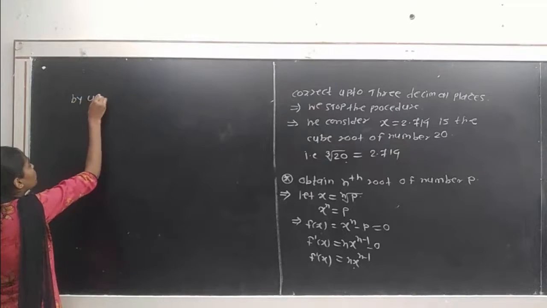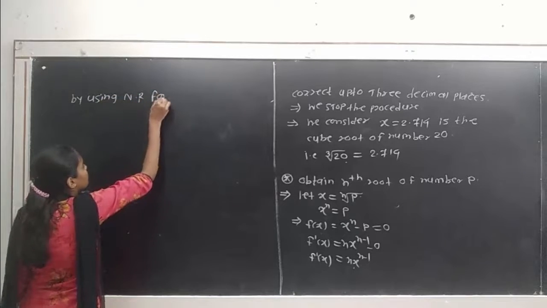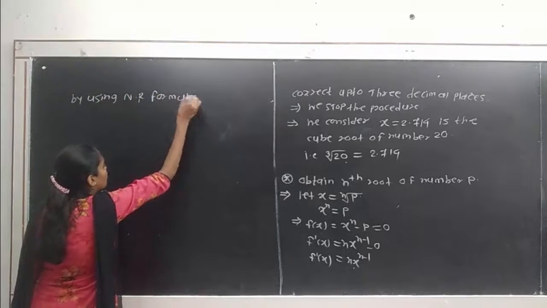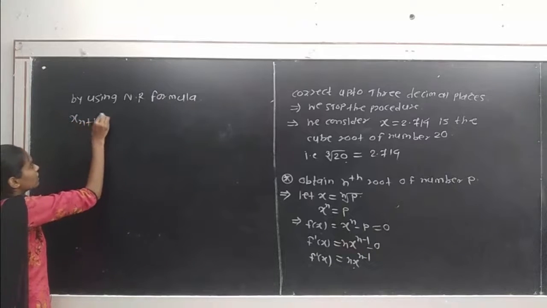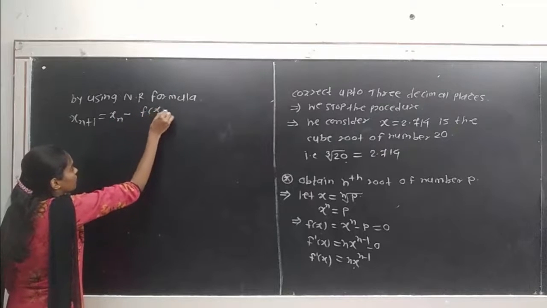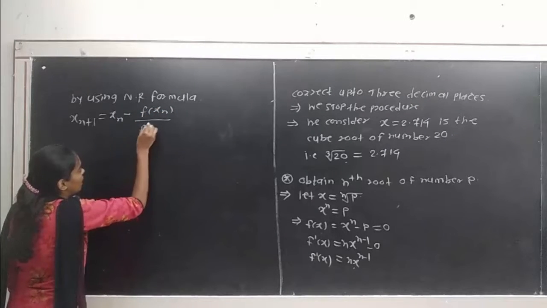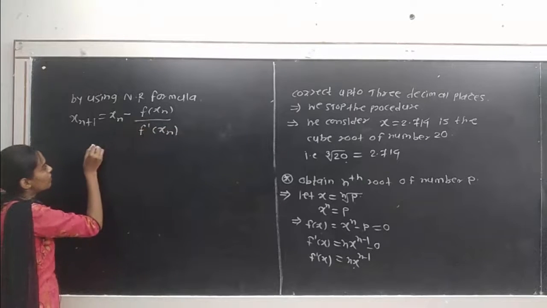Then by using the NR formula, x_{n+1} is equal to x_n minus f of x_n divided by f dash of x_n. Okay, so we put in the values.